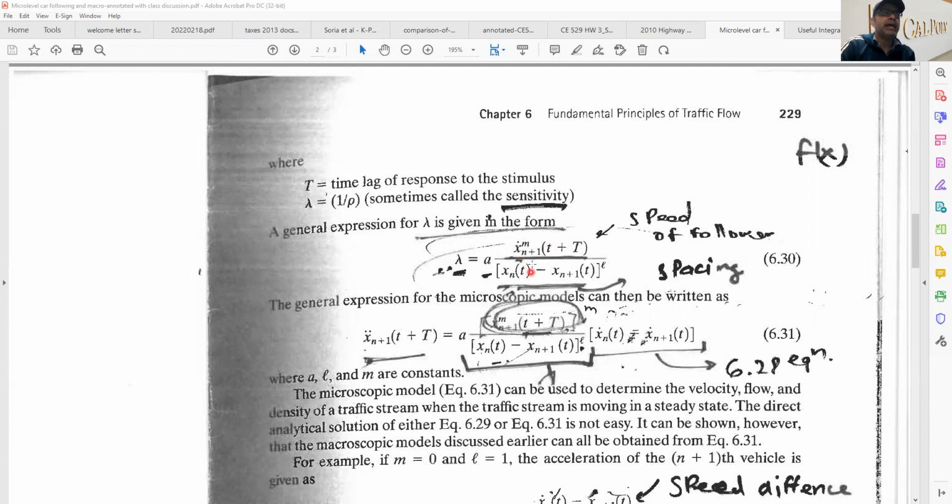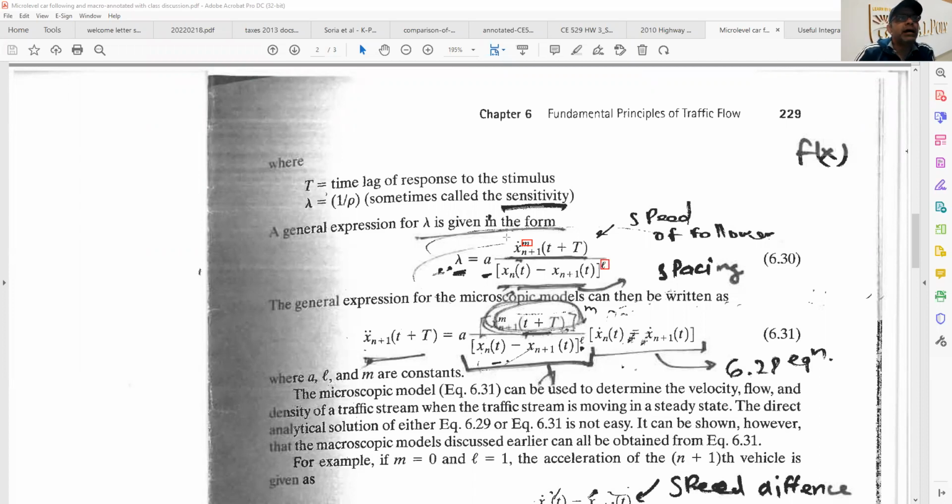I'm saying that the sensitivity parameter could be defined as the speed of the follower, x dot n plus 1 at t plus T, raised to some constant power, capital M or small m, divided by the spacing between the leader and the follower at time t raised to power L. These m and L are constant values.